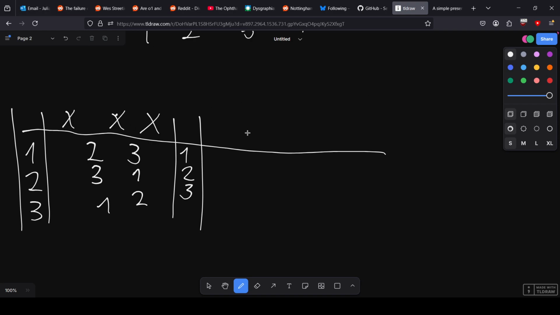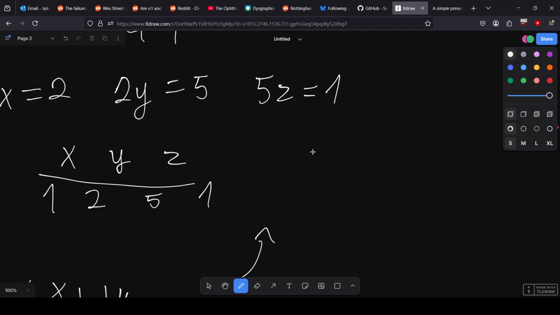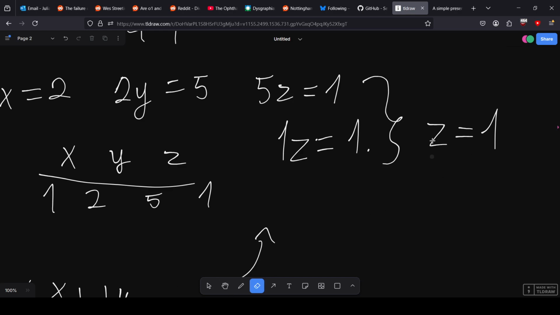Now, there is a bit of deduction we can actually do in terms of y. If we go back up to here, 1z has to be equal to 1, as z is a generator of the subgroup that we are trying to find all of the cosets over. What am I saying?